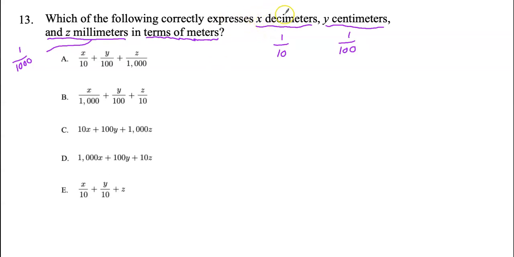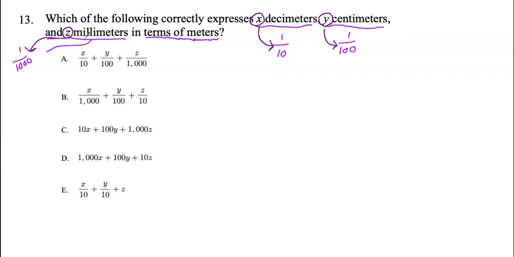X goes with decimeters. So the X piece, there has to be a 10 attached to it somehow, probably a 1/10. The Y needs to have 100 with it, and the Z needs to have 1,000 with it. So let's say you didn't know anything about this problem. You could use the process of elimination if you know what the prefixes deci, centi, and milli mean.